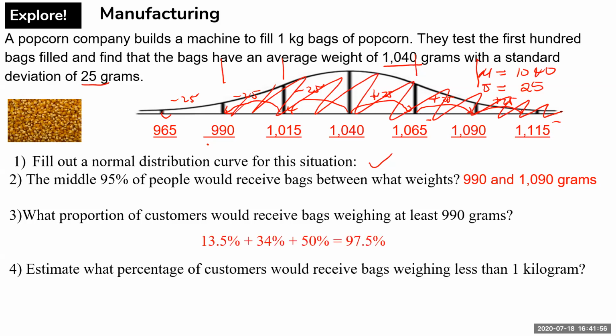Okay, so we know the percentages. We know this is 34%, okay? And we know that this is 13.5, and we know half of this is 50. So that's why we have 50 there. Now you put these numbers together, and that gives you 97.5. Sounds good?